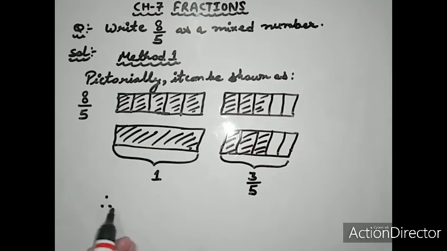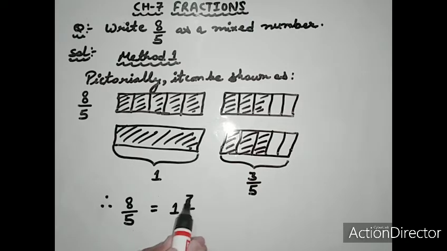So we write 8 upon 5 as the mixed number 1 whole 3 upon 5. When we convert this mixed number back into an improper fraction, we get 8 upon 5 again.